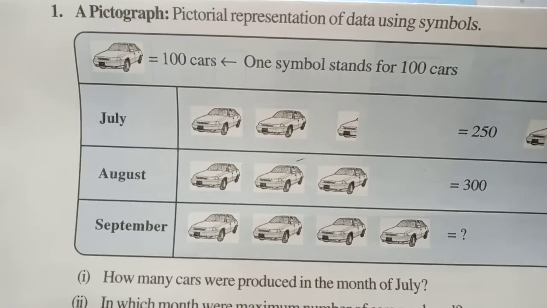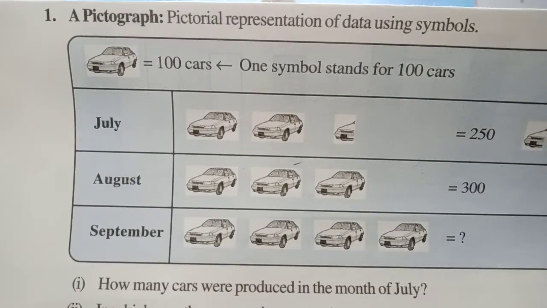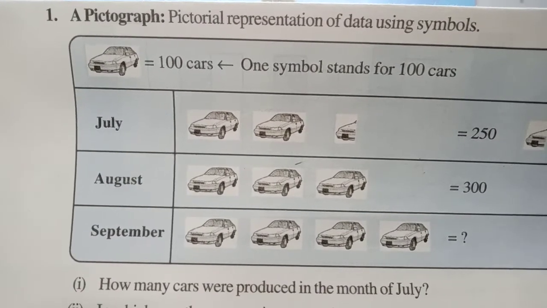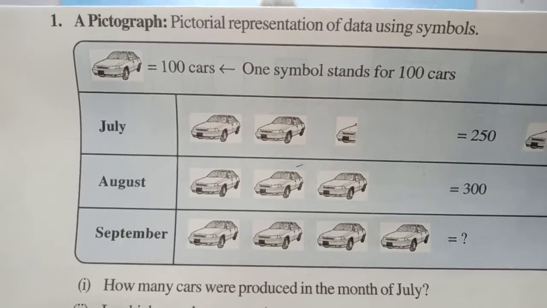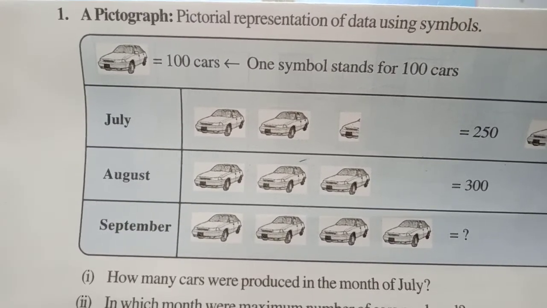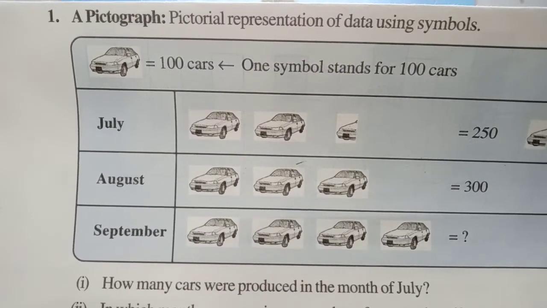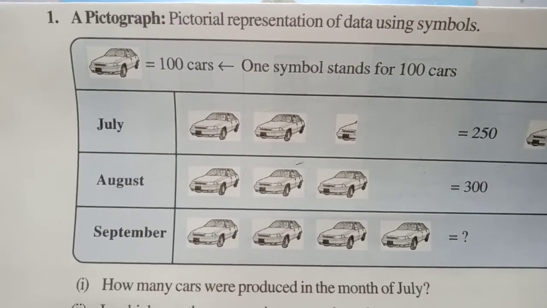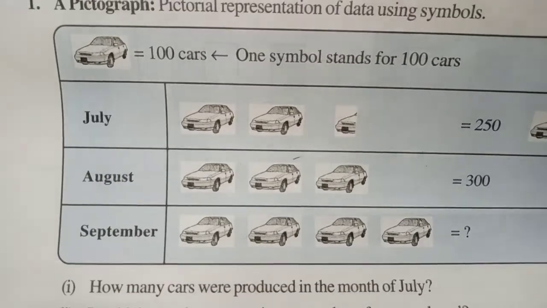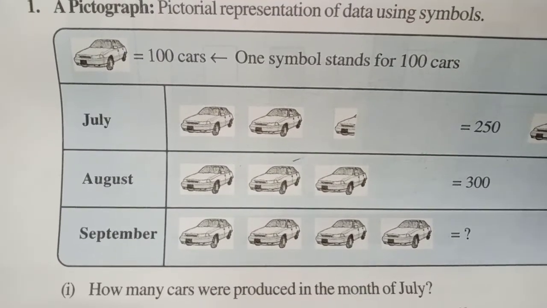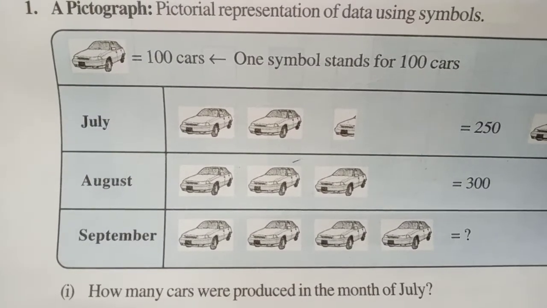Let us see a pictograph, a pictorial representation of data using symbols. Here you are seeing a pictograph which represents the data about cars in July, August and September. Three months of data is given. At the top, one symbol stands for 100 cars.